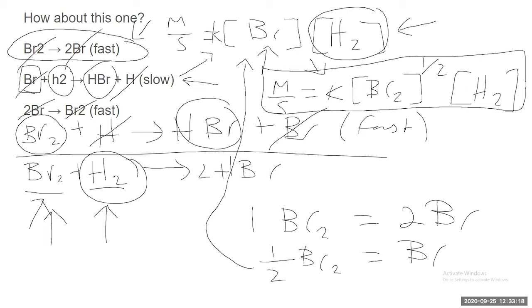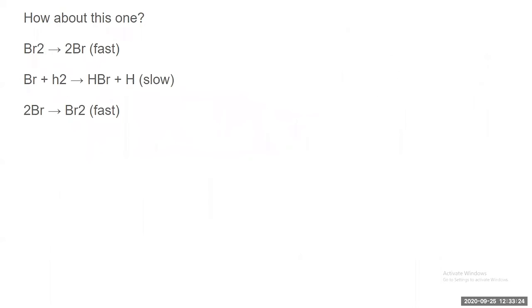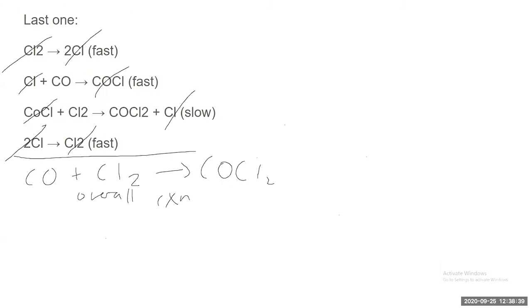All right, so here's the next one. First I crossed out everything that was common on both sides, and that gave me the overall reaction, which is this here: Cl2 plus CO is equal to COCl2.